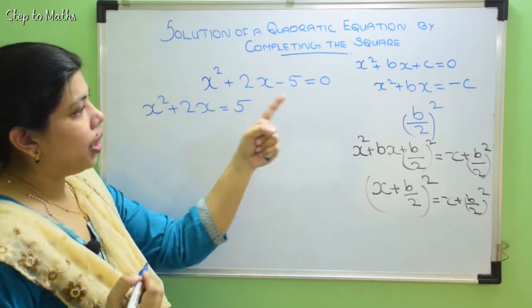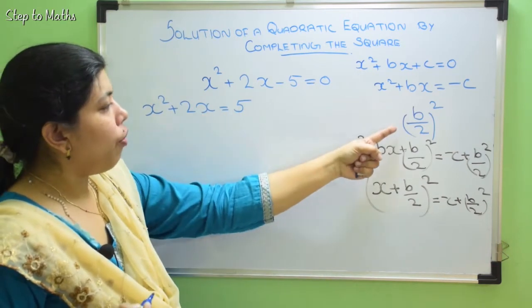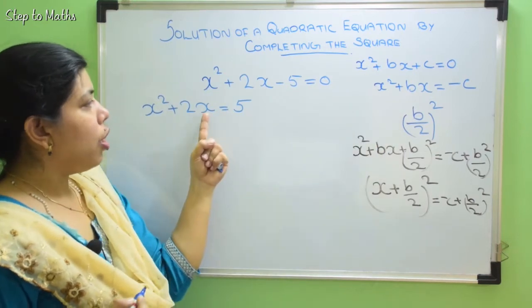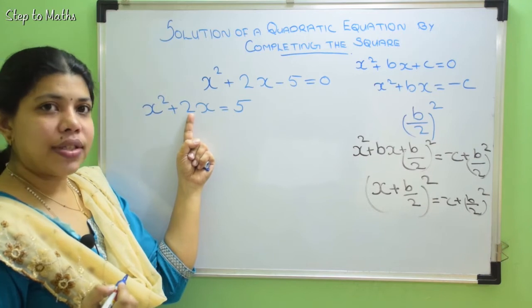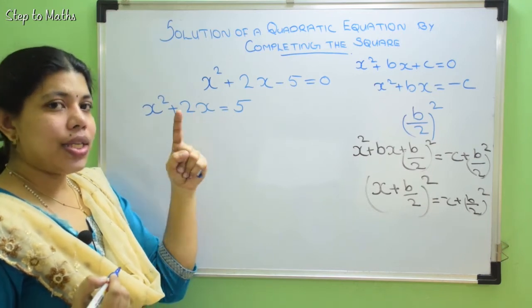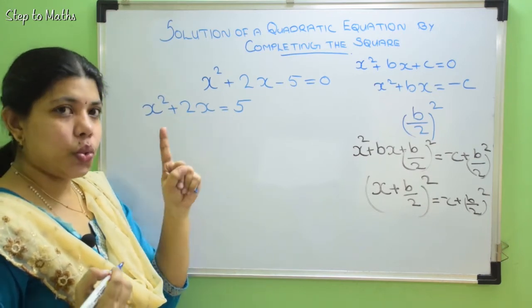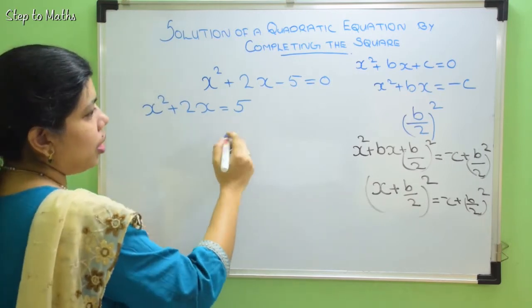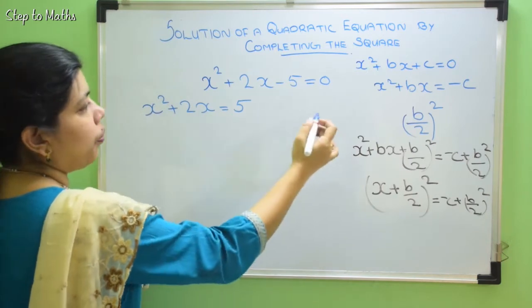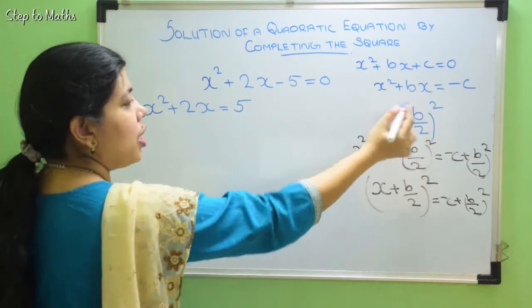Next, take the square of half the value of the coefficient of x. The coefficient of x is 2. Its half value 2 by 2 is 1. Its square is 1. That is, this b by 2 square is 1.